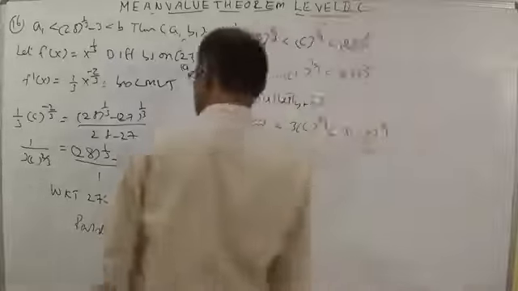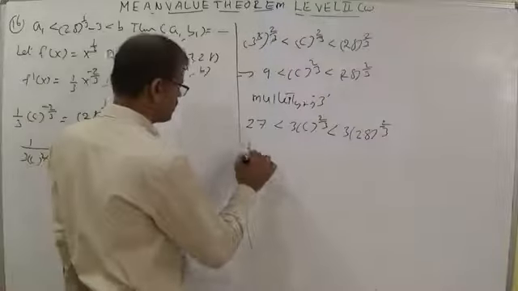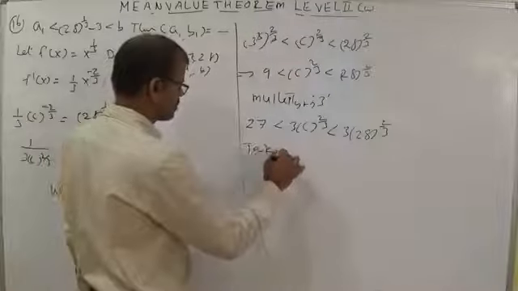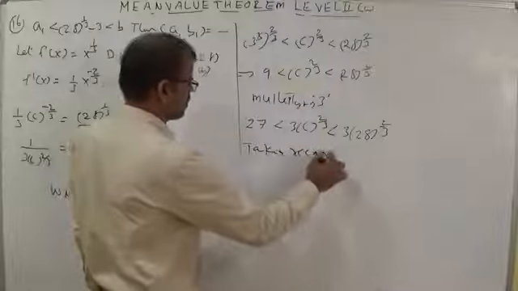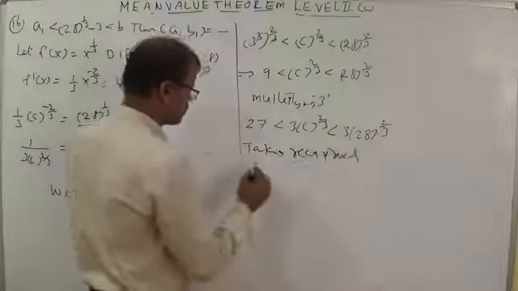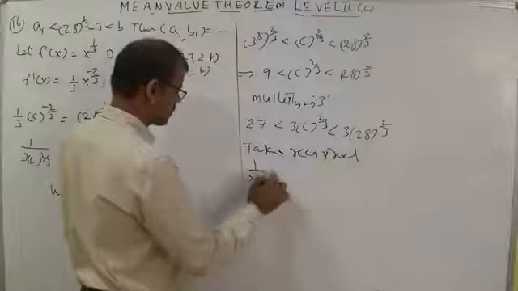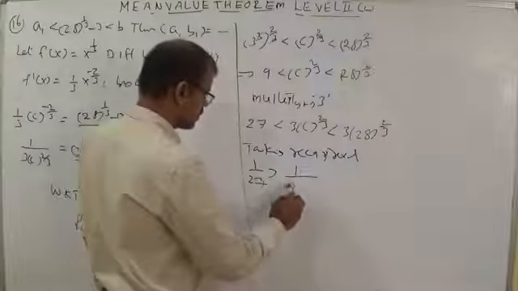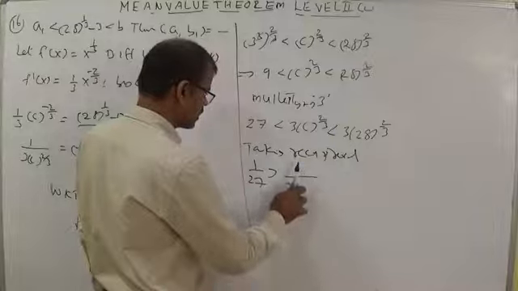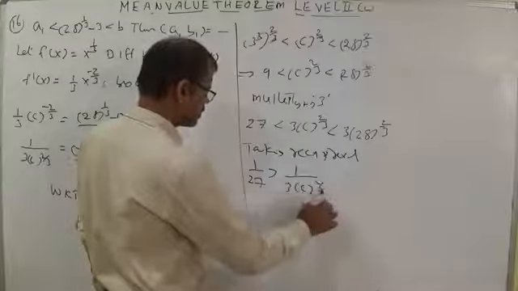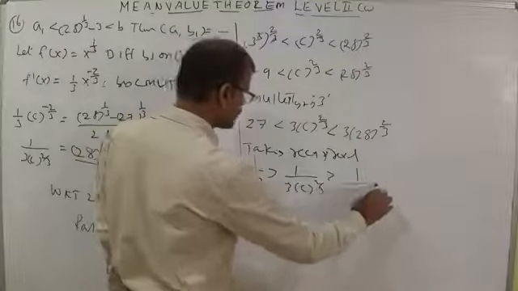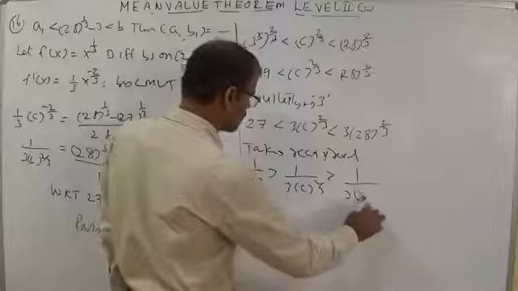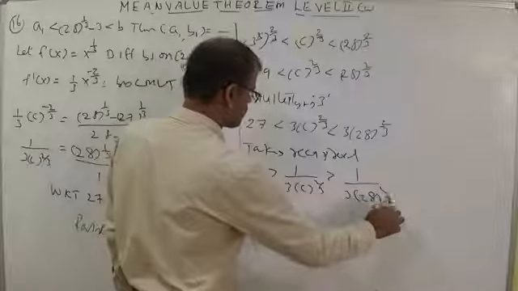Next, taking reciprocal. Whenever you take reciprocal, 1 by 27 greater than 1 by 3 into c power 2 by 3 greater than 1 by 3 into 28 power 2 by 3.